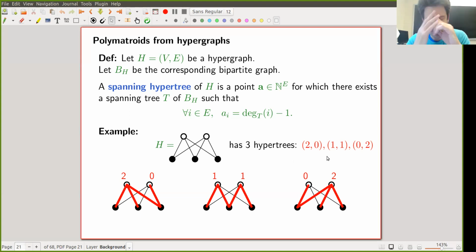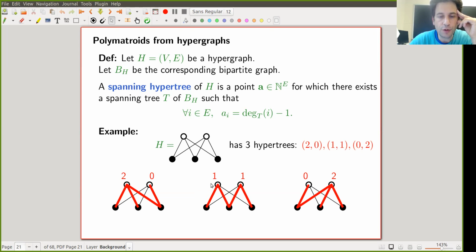Okay, so how should you think about this number? If I look just at the numbers 2 and 0, what this says is that here I'm going to use this hyperedge to create 2 connections between vertices. And this 0 tells me this hyperedge will create no connection at all between the vertices.